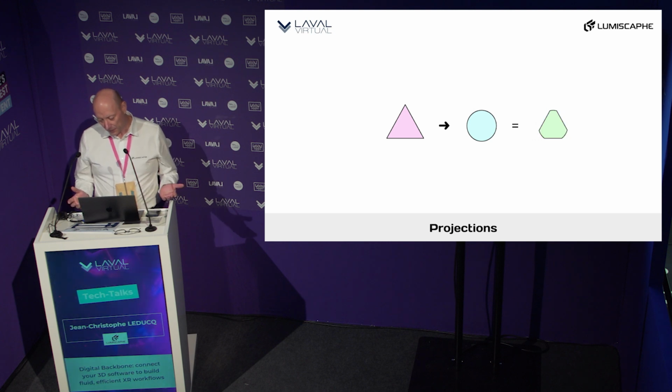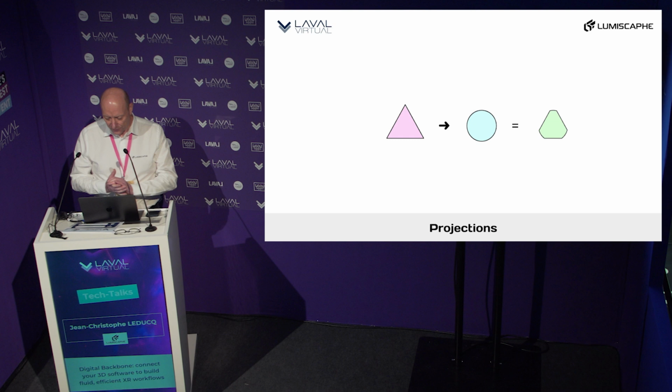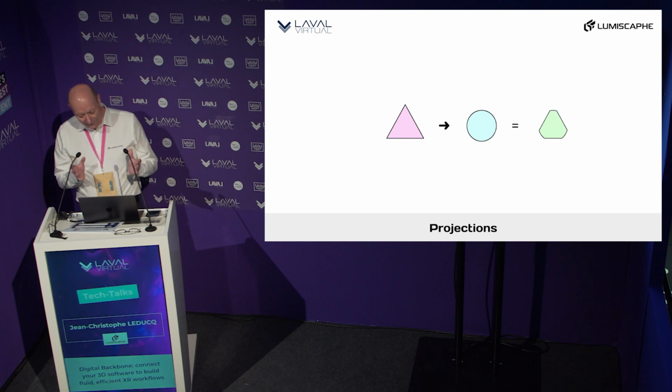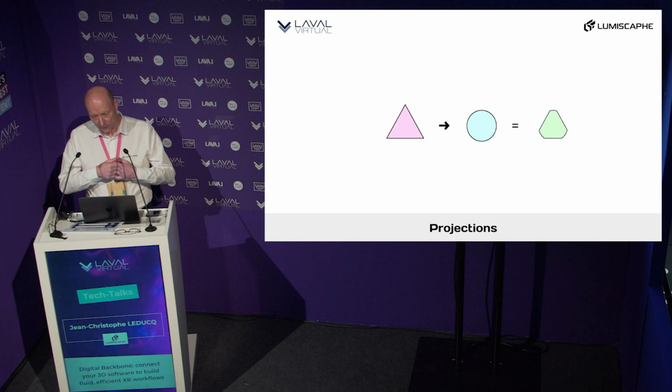Here, we see that my asset in the initial world will be cut by the boundaries of the second world. So it's very important to understand that when you do projection, not every time, but very often, you lose information.